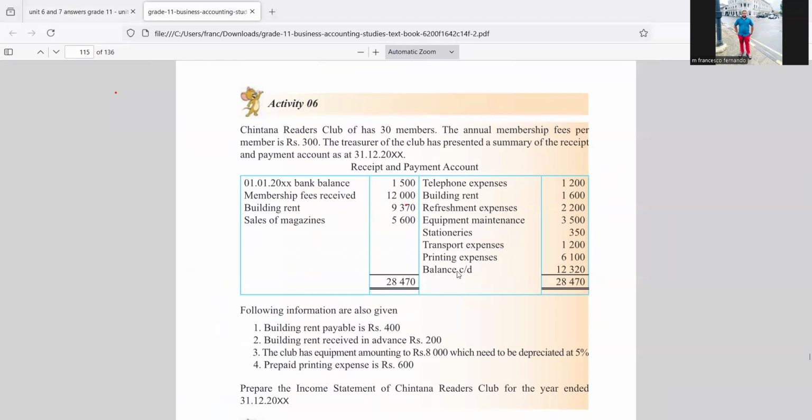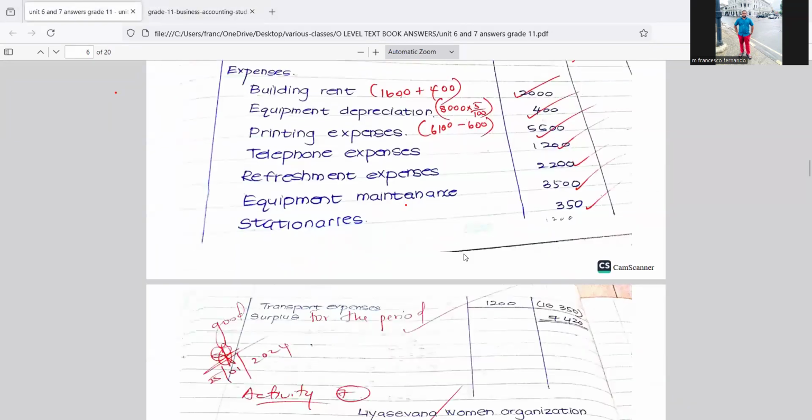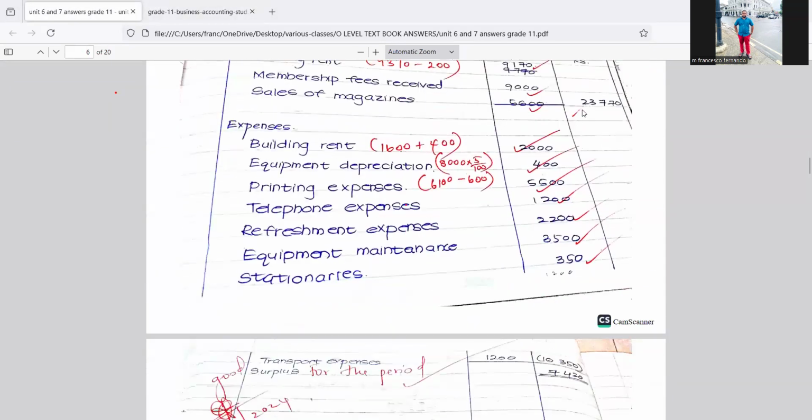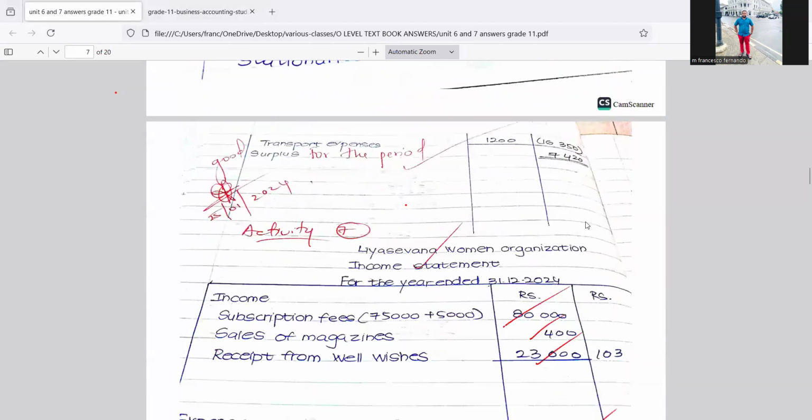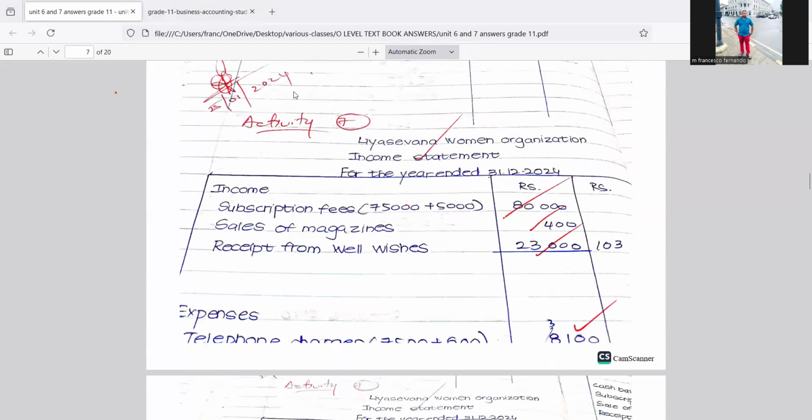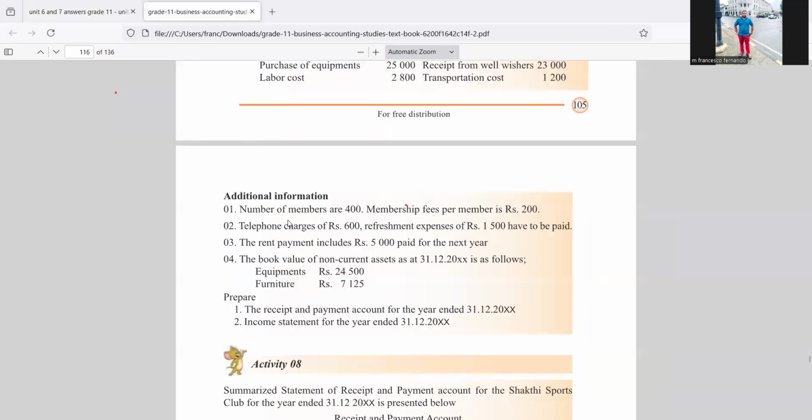Printing expenses we have already recorded. So then you can take the surplus or deficit. Add the income, from that deduct the expenses, you can get the surplus. So if the income is higher than expense, you will end up with a surplus. But if the expenses are higher than income, you will end up with a deficit.